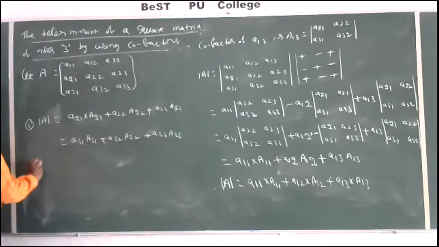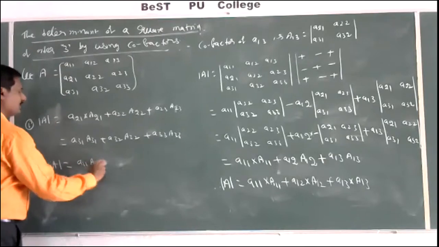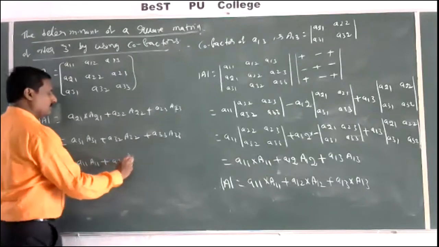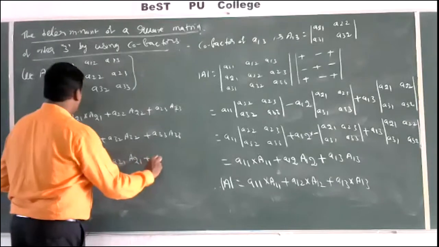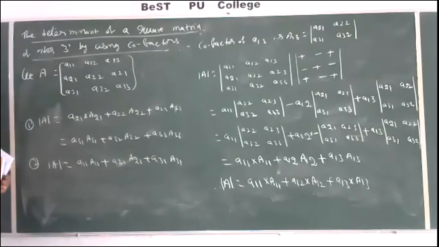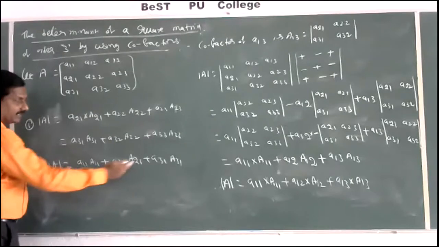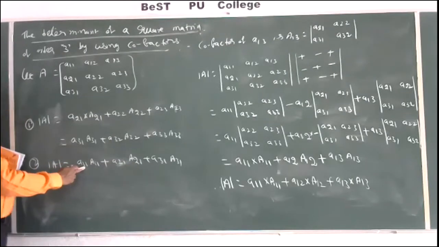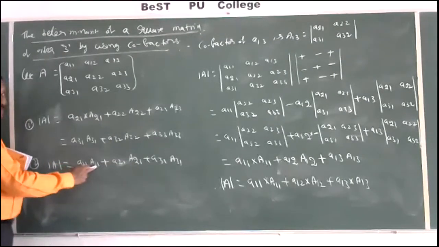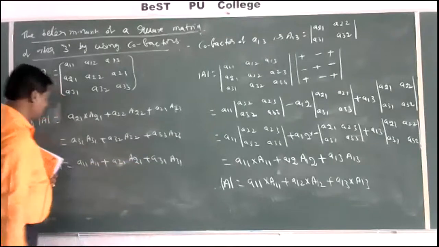Suppose you take the columns; we can consider those also. If you consider the first column: A11, capital A11, A21, capital A21, A31, capital A31. Here you have to consider any row or any column, and you must write down the corresponding cofactors. The suffixes of the element and the cofactor are both the same: A11, A11, A21, A21, A31, A31.